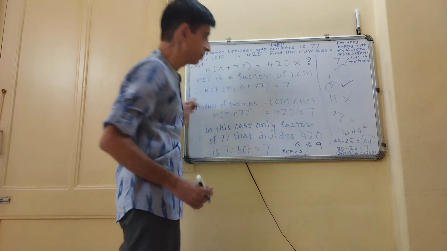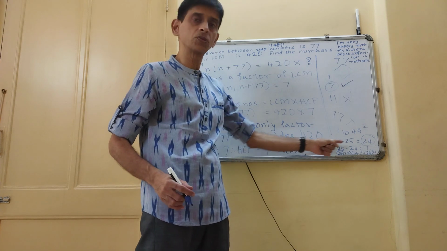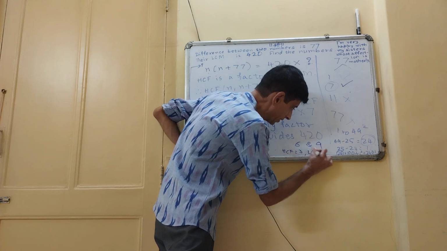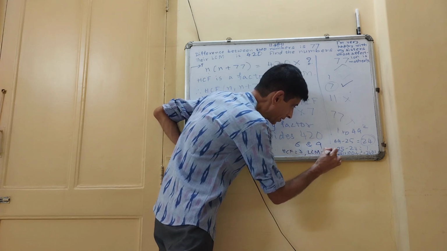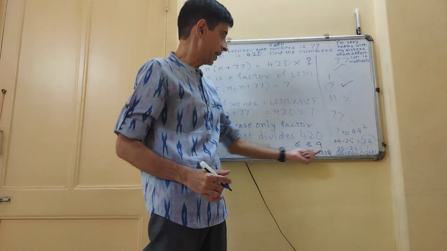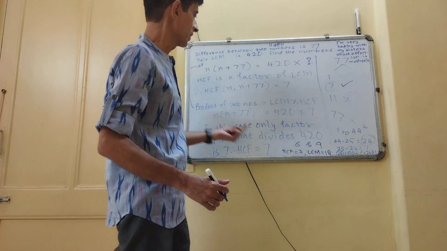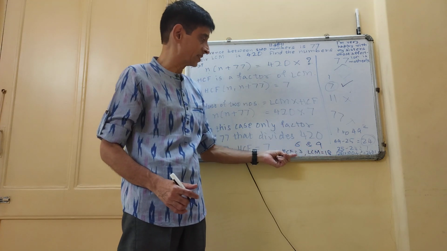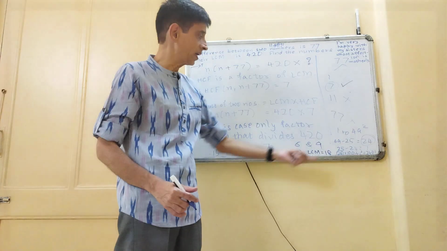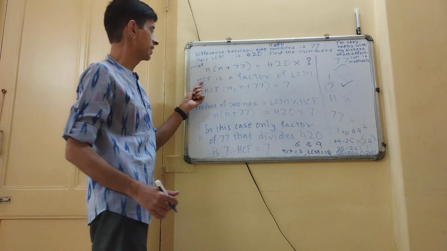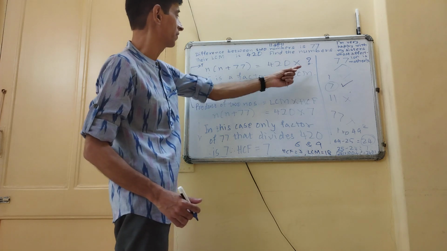And their LCM: 6 threes are 18 and 9 twos are 18. So LCM is equal to 18. Now you see 18 is divisible by 3. So we can say 3 is a factor of 18, or 18 is divisible by 3. So HCF is a factor of LCM.